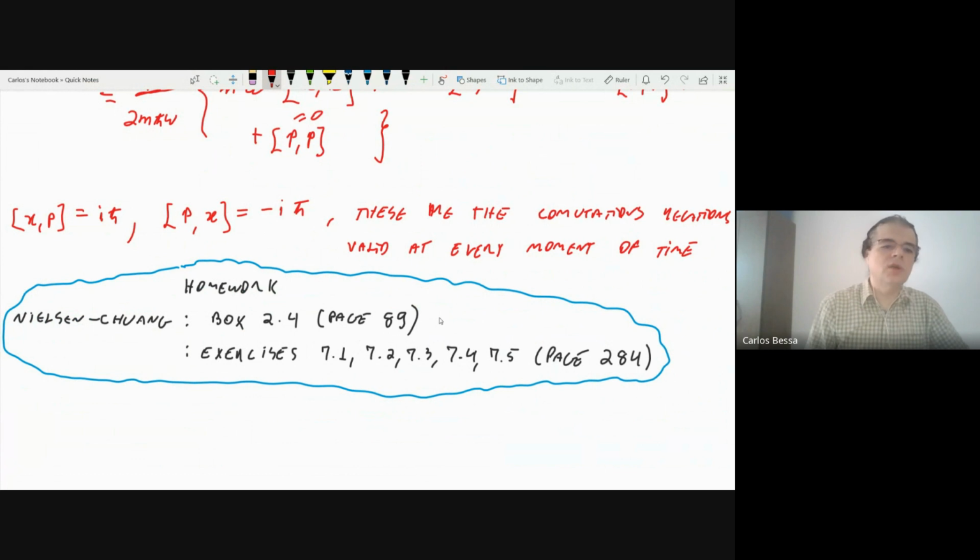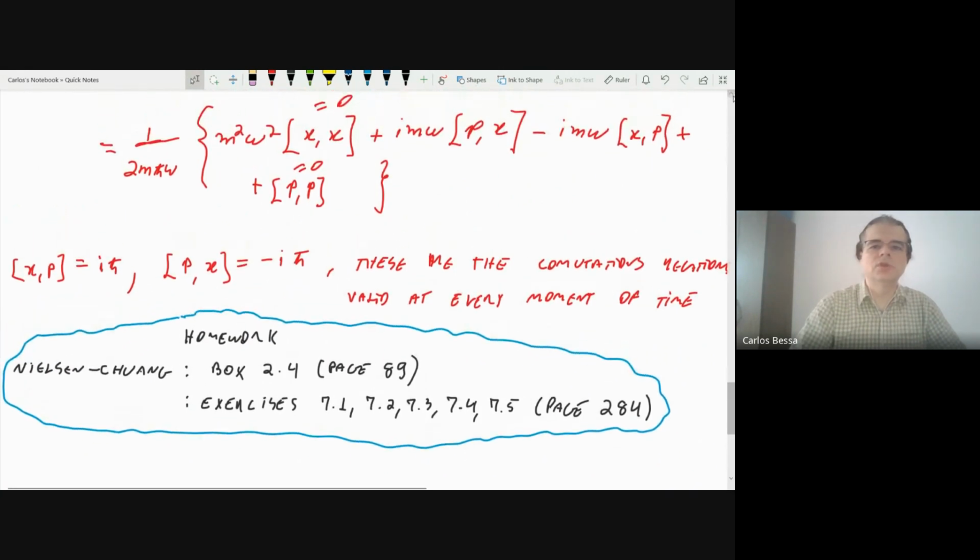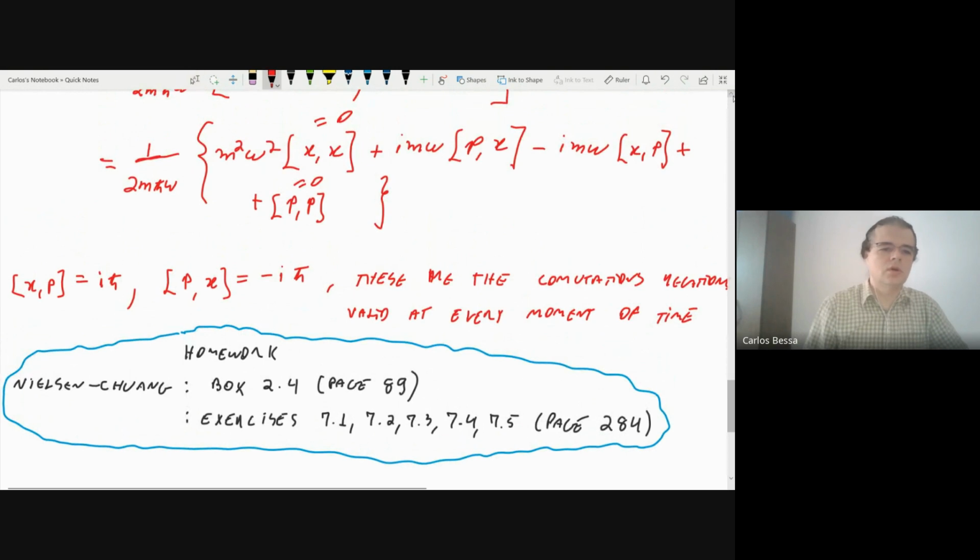So today I'll just use these commutation relations here, and you try to prove these relations. So using these relations here, px is just minus i h bar, and xp is just i h bar.